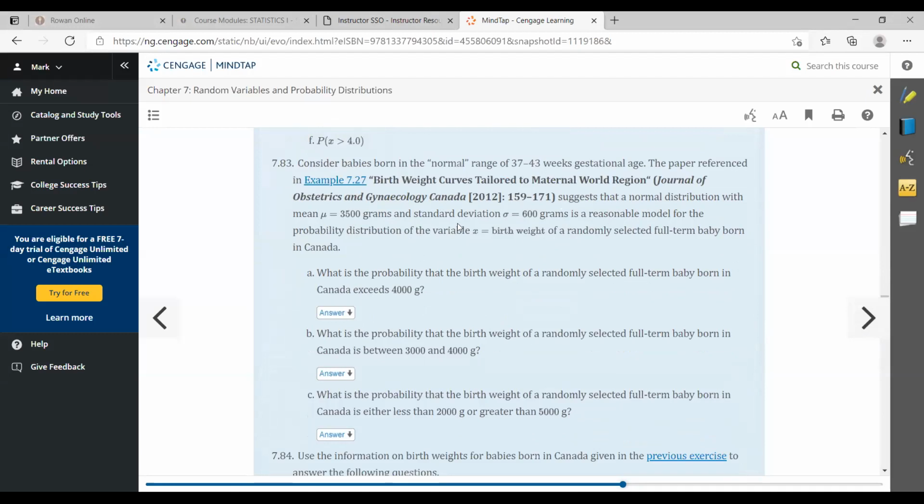All right, so this is birth weight. Mean of 3,500, standard deviation 600. The units of measurement are in grams. What's the probability that the birth weight of a randomly selected full-term baby born in Canada exceeds 4,000? So I'm going to ask you, without actually going through the steps, is this a left tail or right tail problem?